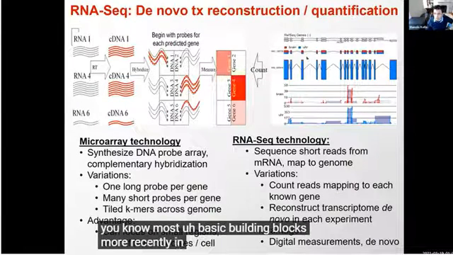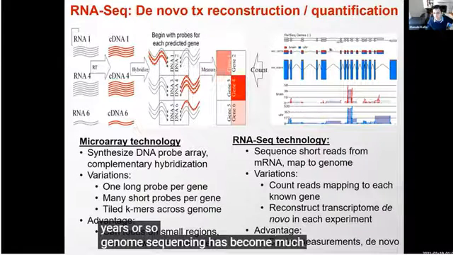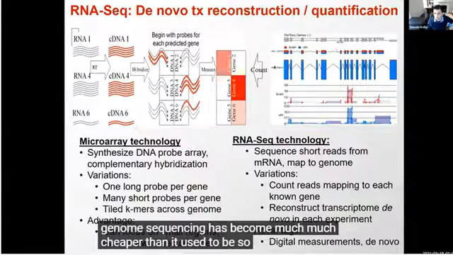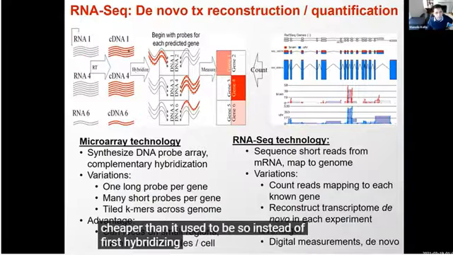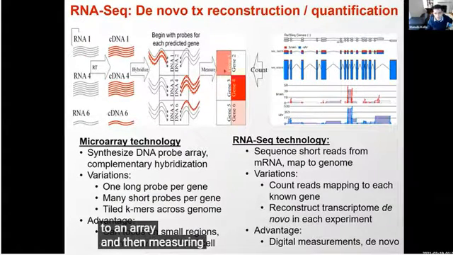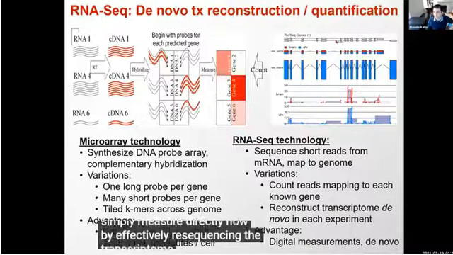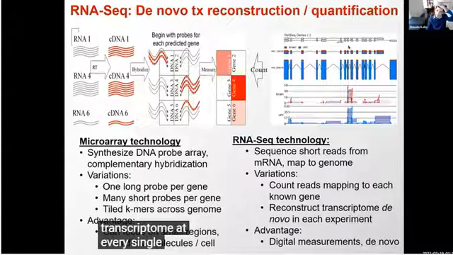More recently, in the last 20 years or so, genome sequencing has become much, much cheaper than it used to be. So instead of first hybridizing your complementary DNA to an array and then measuring, you basically just simply measure directly. How? By effectively resequencing the transcriptome at every single iteration.